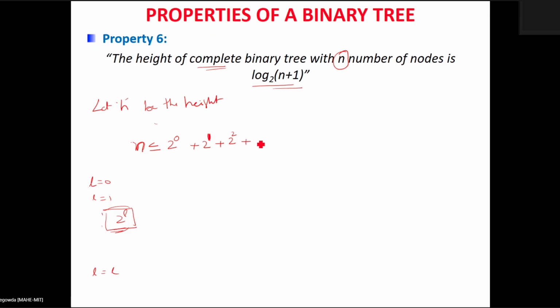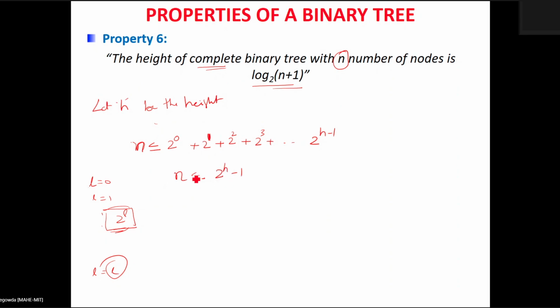Then 2 power of 3 and so on, up to 2 power of h minus 1. Here h minus 1 represents the maximum level in terms of the height. So this sum can be written as 2 power of h minus 1.